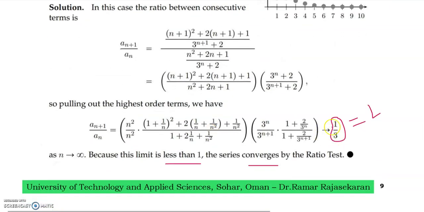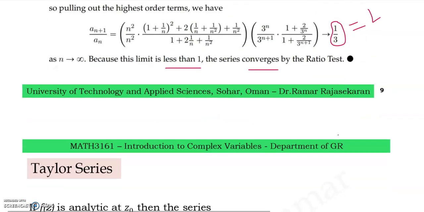Here, for example, the value is 1 over 3. Then you check: if L is less than 1, converge. If L is greater than 1, diverge. If L is equal to 1, we cannot conclude anything, neither converge nor diverge. This is how we make use of the ratio test to check convergence.